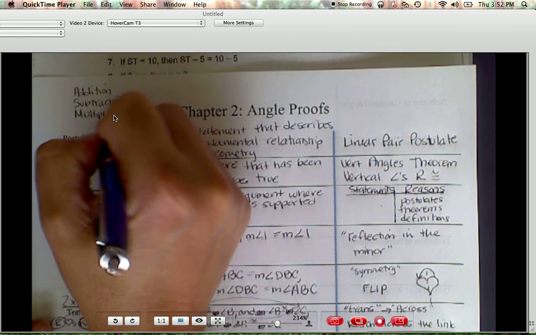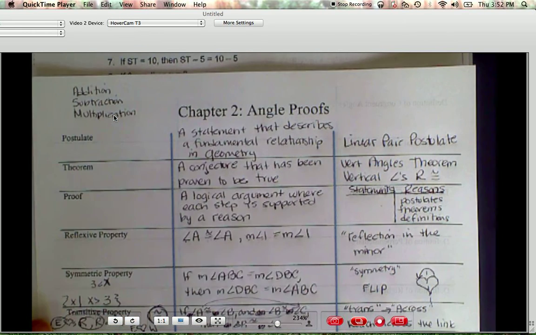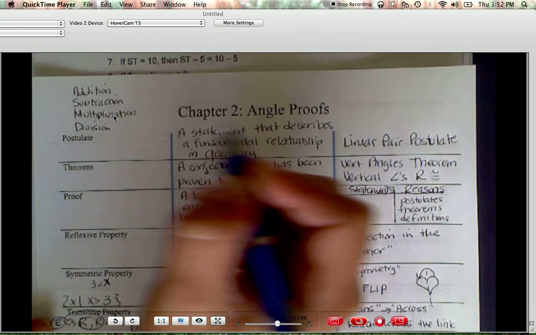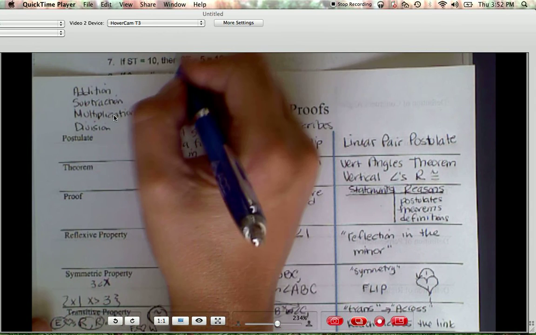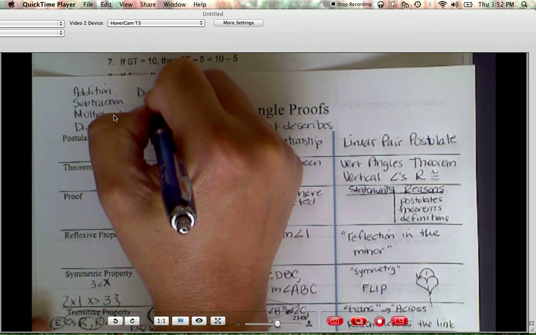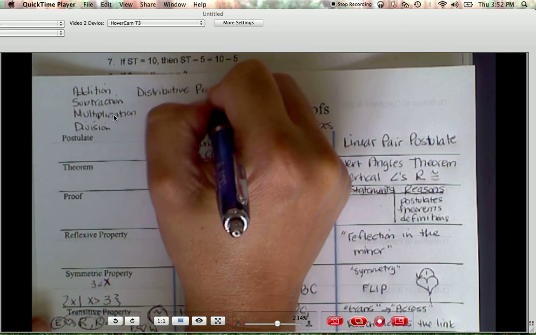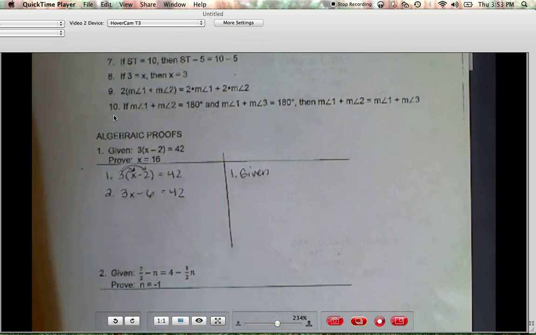Multiplication, when you multiply both sides of the equation by the exact same thing. Division, when you divide both sides by the same thing. And also distributive property, which is what we are using on this problem here.